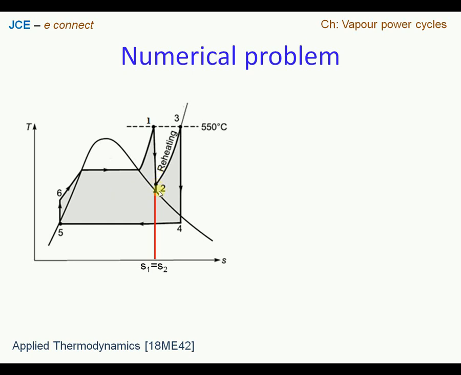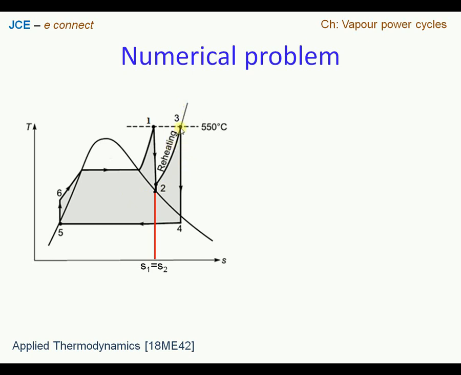Then we have the reheating process happening from state point 2 to state point 3, and at state point 3 they have given us 550 degrees Celsius. Therefore state points 1 and 3 lie on the same horizontal line. We note that state points 2 and 3 operate at the same common pressure, that is the reheat pressure, which we don't know, we have to work it out.